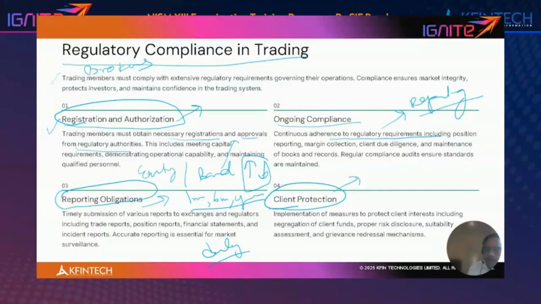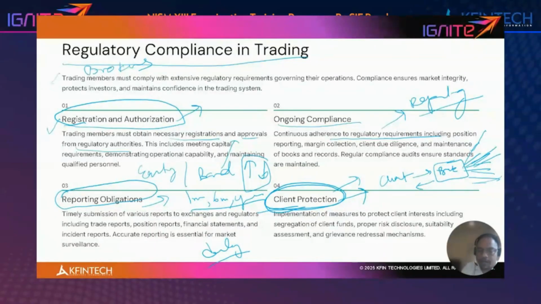And finally, client protection. This is the most important, because the client is trusting the broker with its money, right? This is the client. Here is the broker. And the broker is responsible to execute in the market and do everything. The client is paying the money and getting the trade done in exchange. So client protection becomes a very, very important part for the broker, and the broker has to ensure that the client's money and client's positions are protected, and it is done in a proper manner.